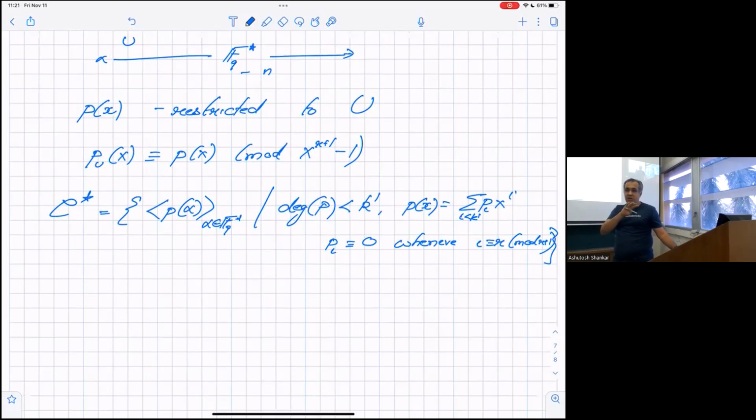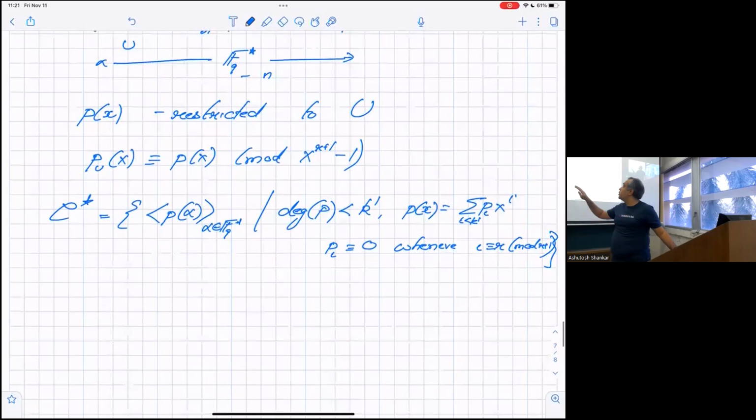Just like we wanted the support to be full, you want the support to be all of U. But that is true, because there will be at least one P with full degree R. When you reduce it this way, take the P which has full degree R. For this degree R polynomial, the linear constraint has to involve all the R plus 1 elements.